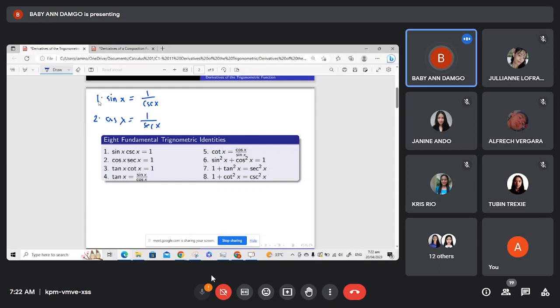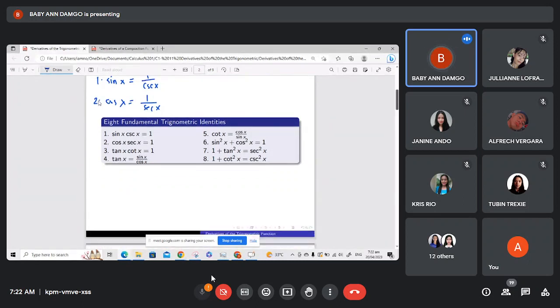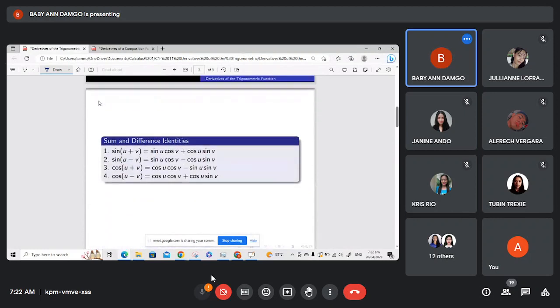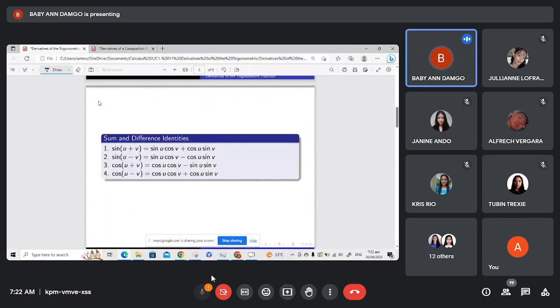Okay, these are mostly the most used identities in trigonometry. Like, sine squared x plus cosine squared x is equal to 1. Another one is the sum and difference identities.